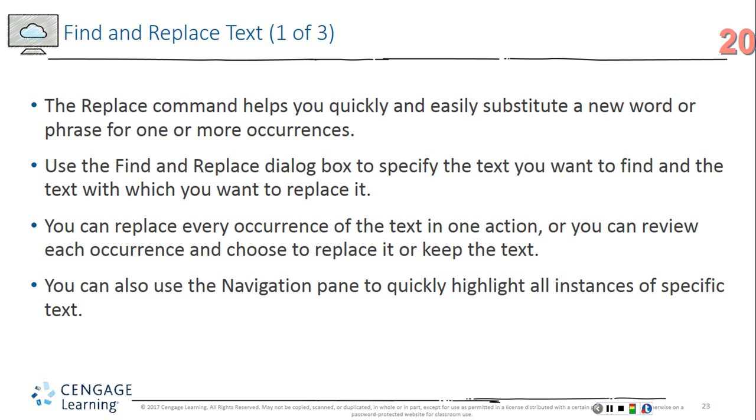So instead of having to search manually through that document, you can use the Find and Replace feature. Type in the bit of text that you want to find, use the Find button, and it will go through the document and stop at each instance of that word.